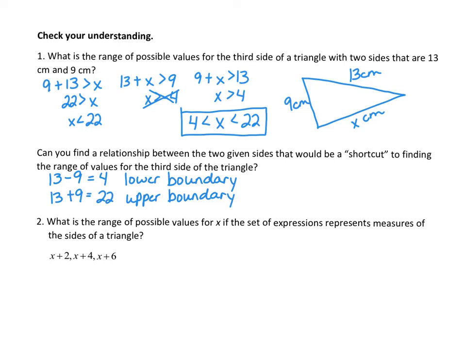So when you're just given two lengths like that, it works every time. If you subtract the two lengths that you're given, that's going to give you your lower boundary. And if you add the two lengths that you're given, that will give you your upper boundary. So again, 4 is less than x, which is less than 22.